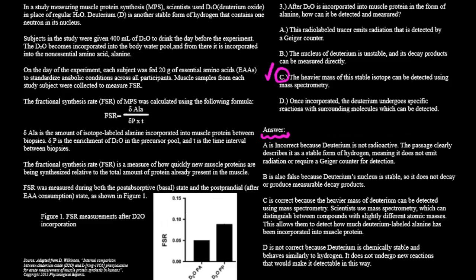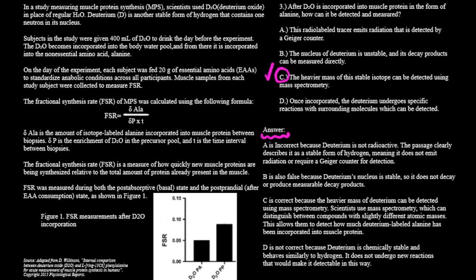So, this extra neutron makes deuterium's nucleus slightly heavier than that of hydrogen. Therefore, we should look for an answer choice that identifies this difference in mass between alanine labeled with regular hydrogen and alanine labeled with deuterium.